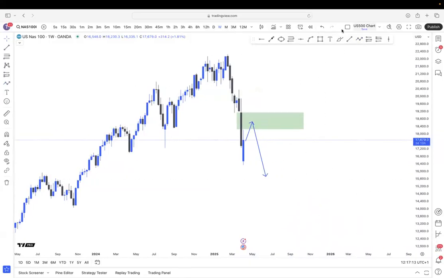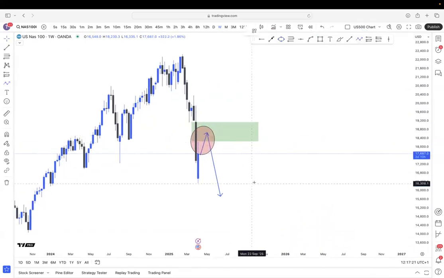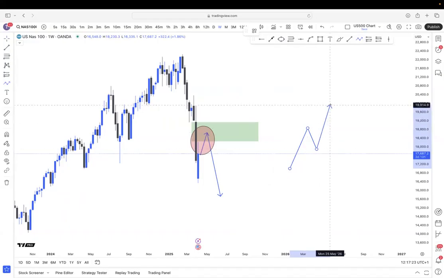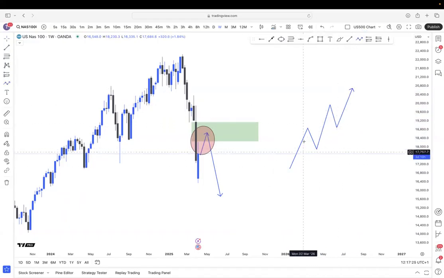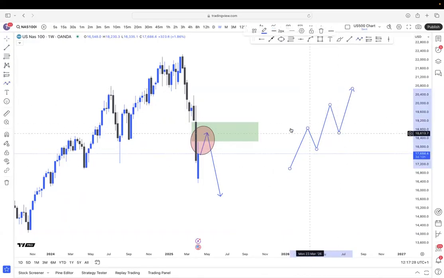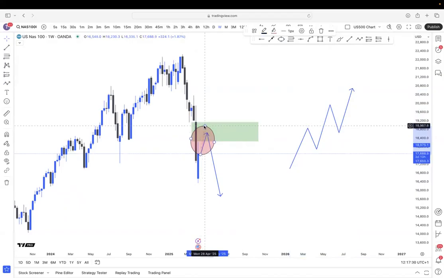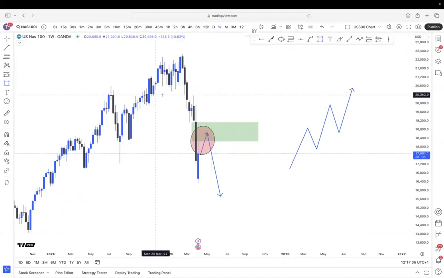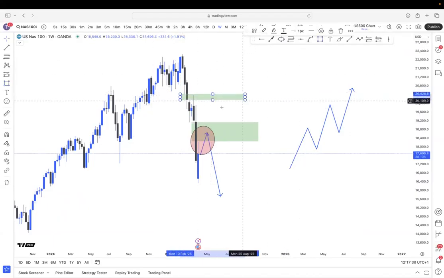Now, from a smaller perspective, let's just say for argument's sake, the price action finishes here. On a smaller time frame, and I mean a 15-minute time frame, price action will look pretty bullish, meaning you are within your scope to potentially trade it as long as you've got certain things running in your favor. But you have to understand that the highest probable scenarios will come when you are looking to trade out of these areas here.